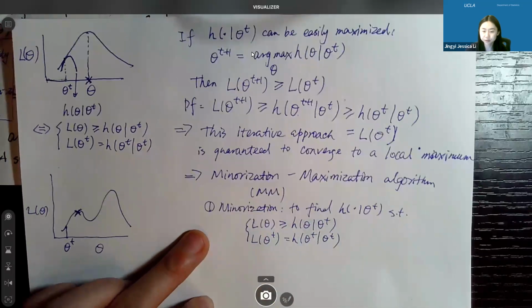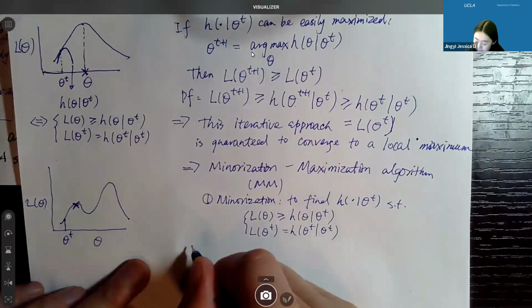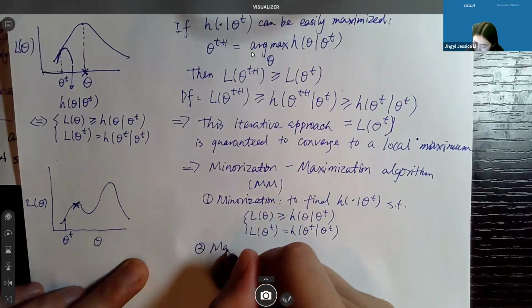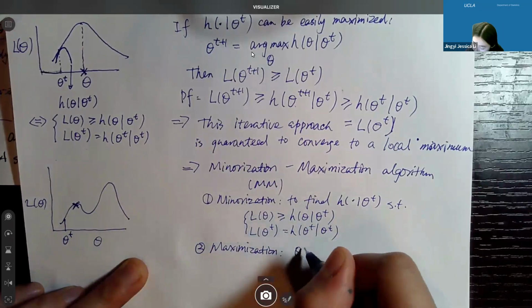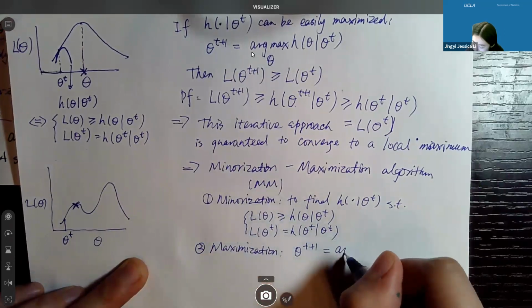So this is the first step. We want to find this H. And the second step is maximization, which is to maximize H. So we update theta t plus 1 as the argmax.